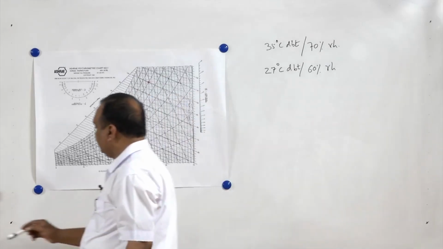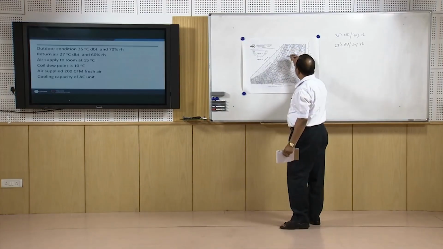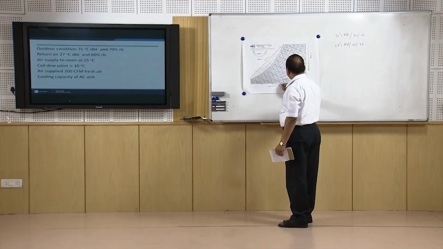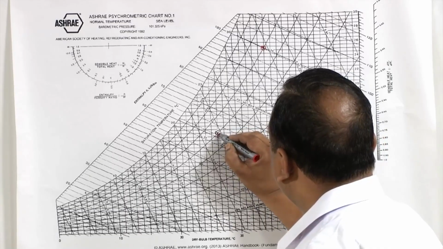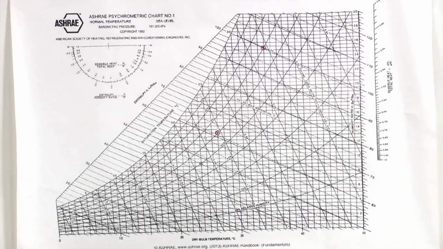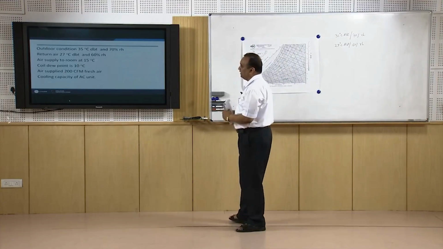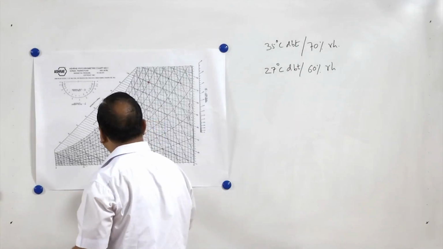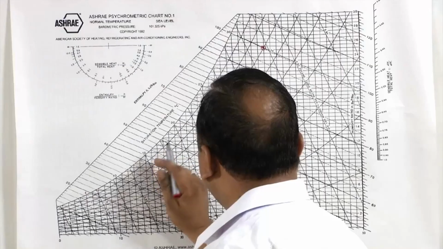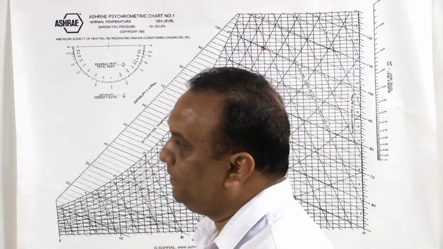Now we consider these two states, one is 35 and 70% RH and another is 27 and 60% RH. It is further stated that air supply to the room is 15 degrees centigrade. It means the temperature at which the air is supplied to the room is 15. So 15 degrees can be located somewhere on this vertical line.